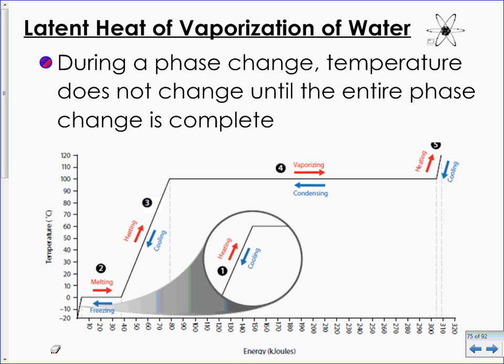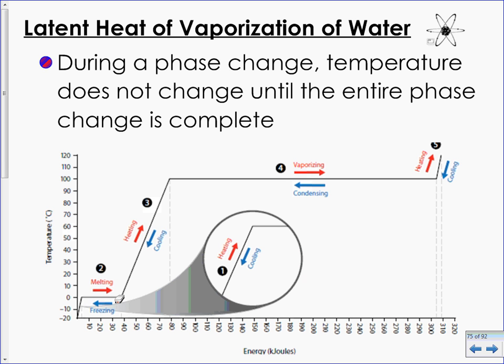And you can see that in this graph here. We have water that started at negative 20 degrees Celsius, heated up to 0, which is the freezing and the melting point. And you notice that time is passing, energy is being added, because energy is down here on the bottom. Energy is being added and time is passing, yet the temperature is not changing. We are melting, but the temperature doesn't change.